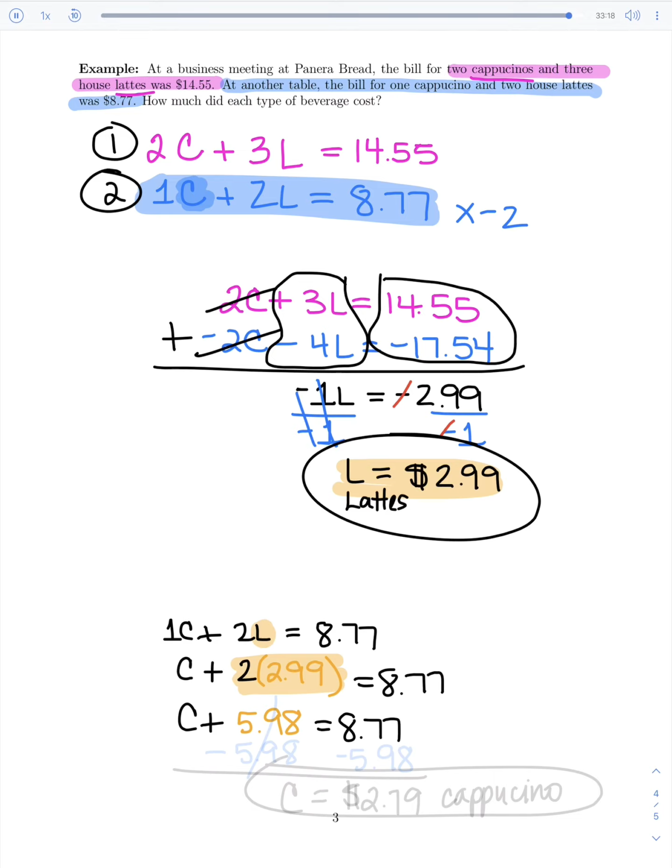We'll subtract the $5.98 from both sides, and the cost of a cappuccino, C, is $8.77 minus $5.98, which gives me a total of $2.79. That's my price for a cappuccino.